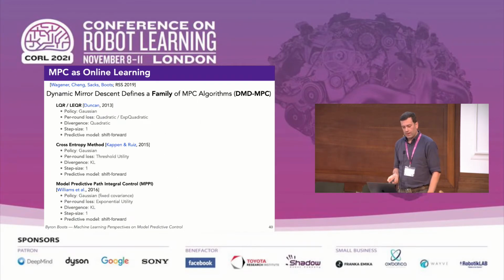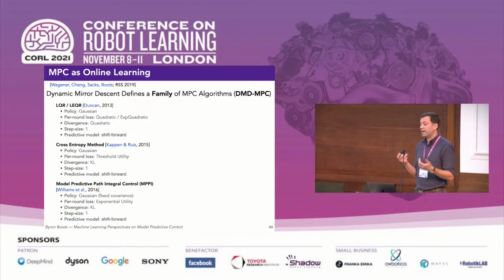Okay. Now, this online learning framework actually provides a really clean derivation of a large number of MPC algorithms as special cases, including receding horizon versions of the linear quadratic regulator, the cross-entropy method for model predictive control, and MPPI. And in each case, we can just get the algorithm out by choosing a policy, picking an objective, and then just optimizing it with dynamic mirror descent.